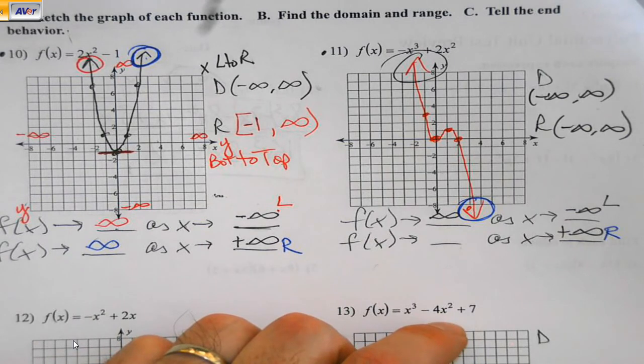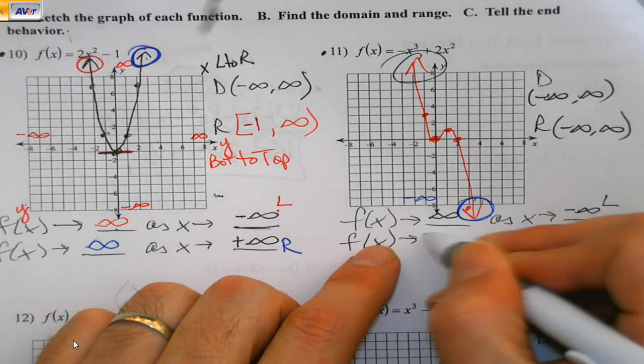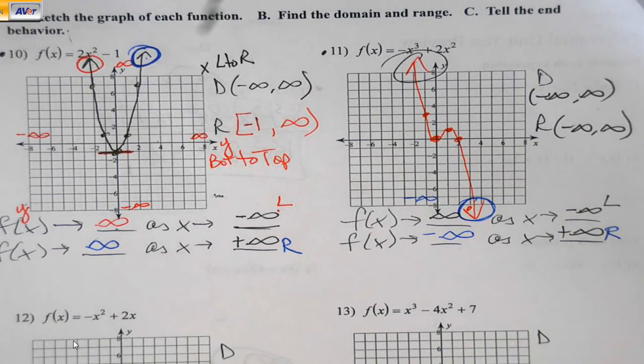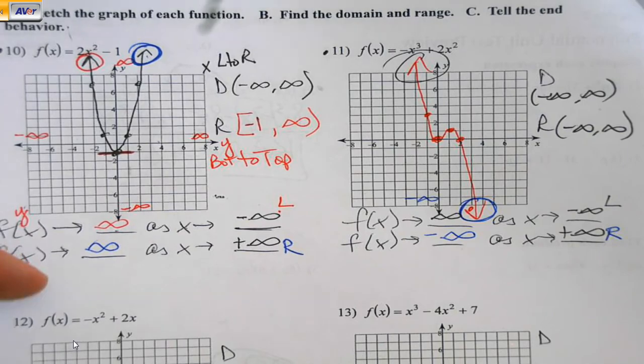Which direction is it going? It's going down. Well, down, when we're talking about y, is toward negative infinity. So circle those. Kind of see how they work. And make sure that you're not getting yourself bound into a corner here that you can't get out of because you didn't practice.